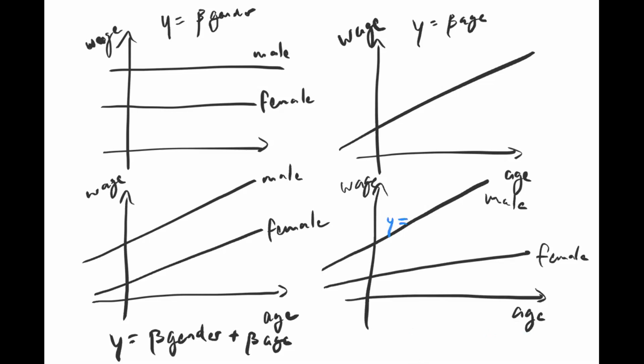So y equals beta gender plus beta age plus beta gender times age. Okay, and so we can quickly go back to our example to see what this looks like and sort of how to interpret this.